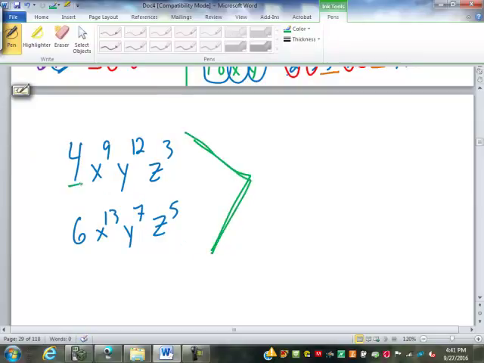First of all, can you tell me the least common multiple or least common denominator for 4 and 6? 12. For x, it's going to be x to the, I have 9 and 13. Which one's larger? 13. X to the 13. For y, I have 12 and 7. Which one's larger? 12. And for Z, it's going to be 5.